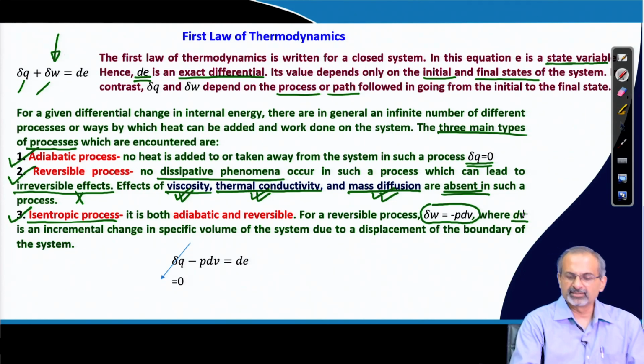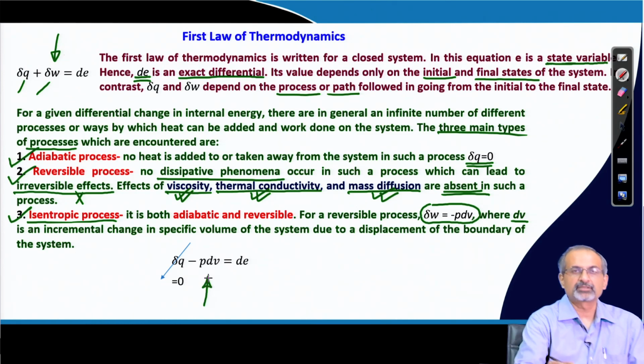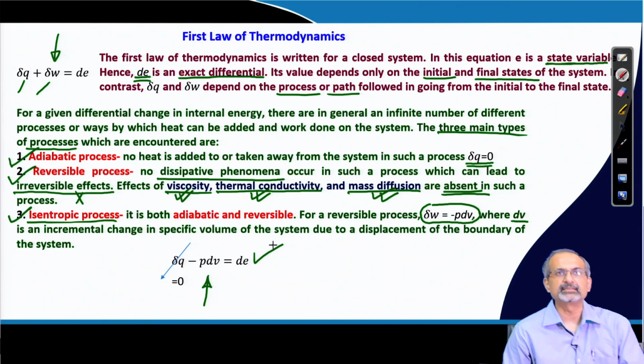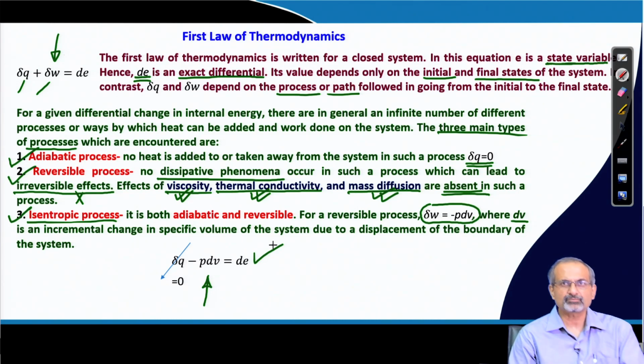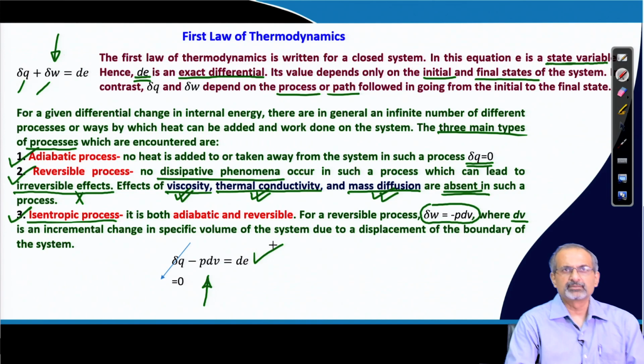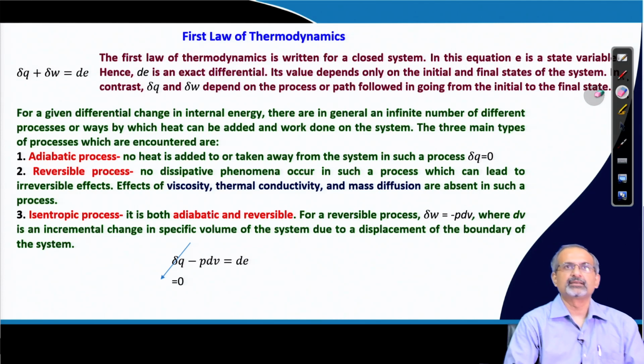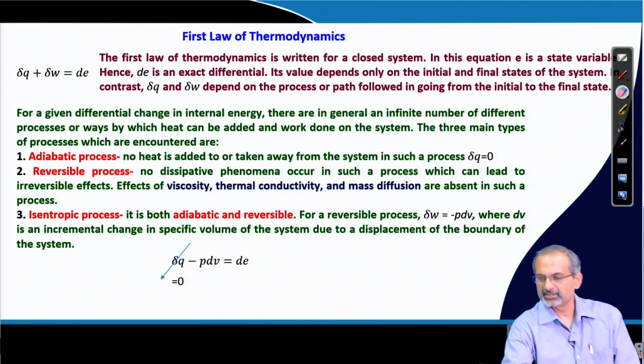So, if you plug in these details into the first law equation, then del q is 0 and then del w is minus P dV, that gives you dE, the change in internal energy. So, this is broadly a very basic exposure to first law of thermodynamics.